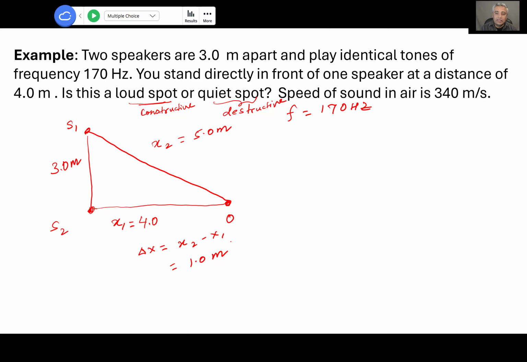Now, for this 1 meter, whether it's going to go through constructive or destructive interference, we need to be able to write it in terms of m times wavelength or m plus half times wavelength. If this 1 meter is m times wavelength, then it is constructive.